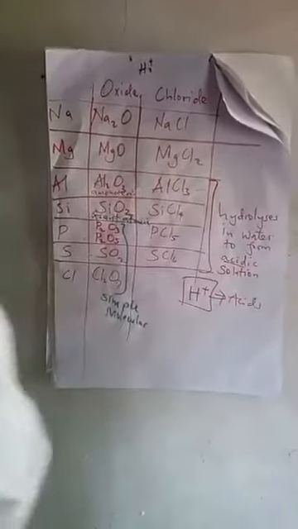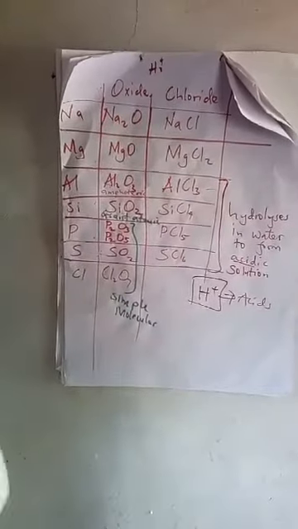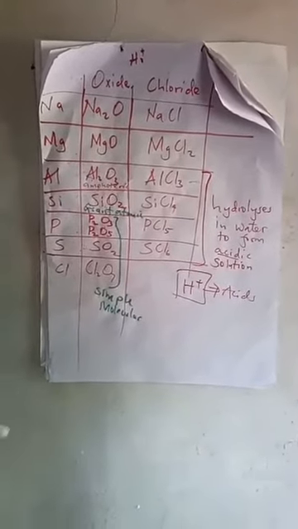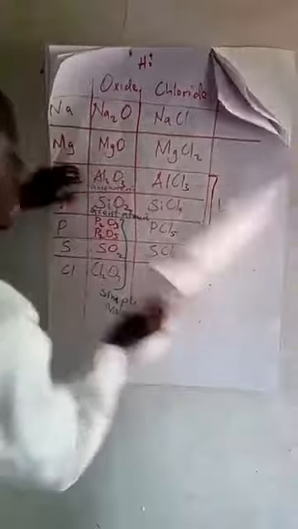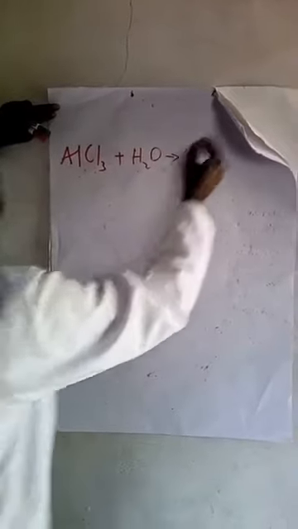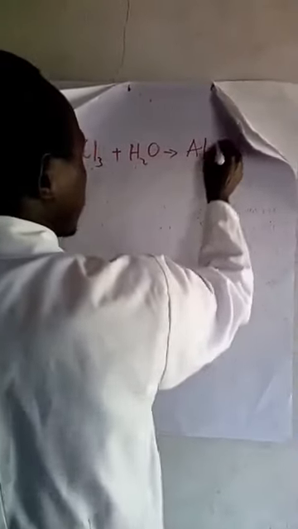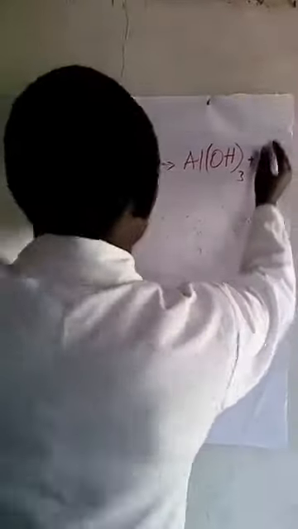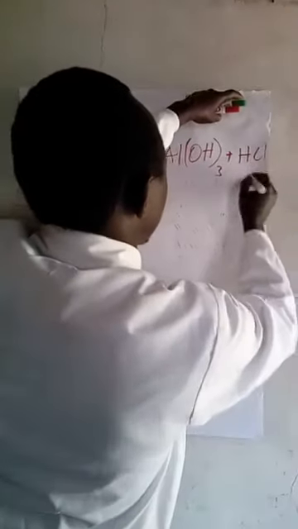Maybe we can write those equations. Aluminium chloride in water to form aluminium hydroxide and HCl.